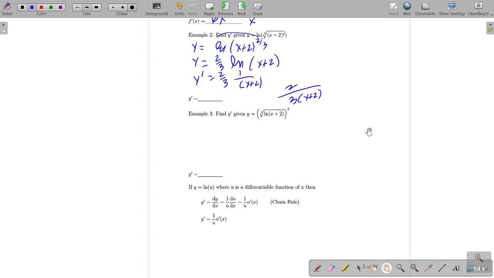So now this next one is a little bit different. Because notice this exponent is on the outside of the logarithm. So this is going to become y equals the natural log of x plus 2, to the 2/3 power. So y prime becomes 2/3, chain rule, x plus 2, subtract 1 becomes negative 1/3, times the derivative of what's inside, which is 1 over x plus 2.